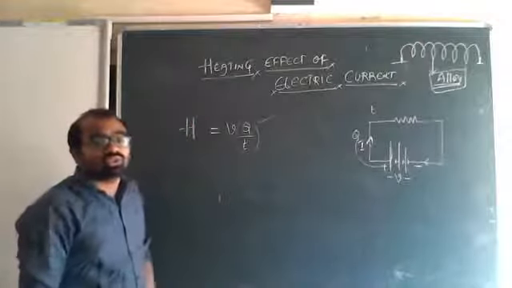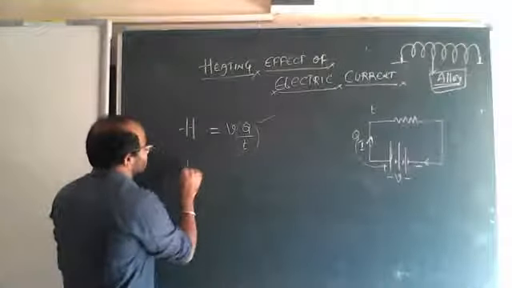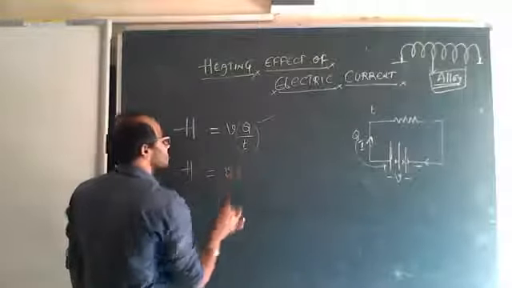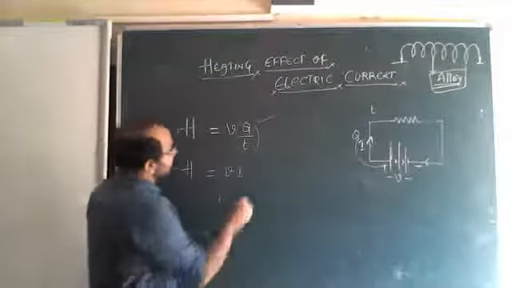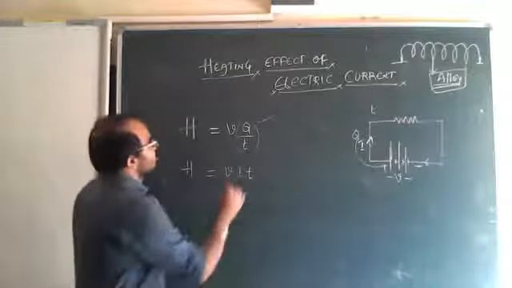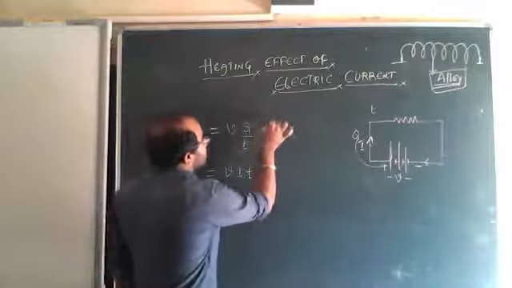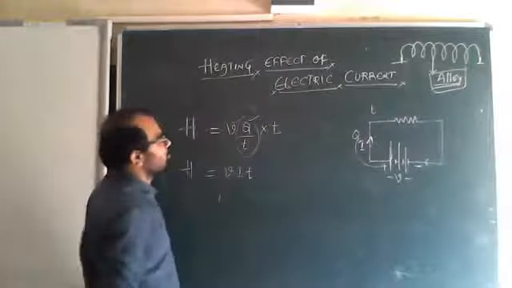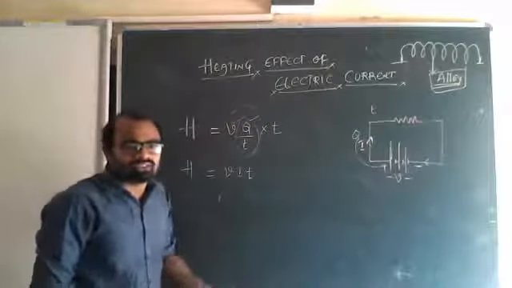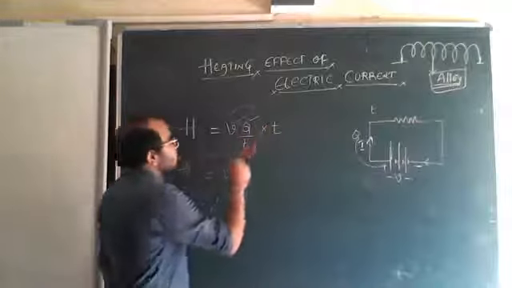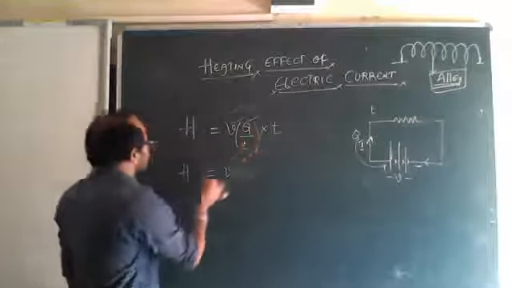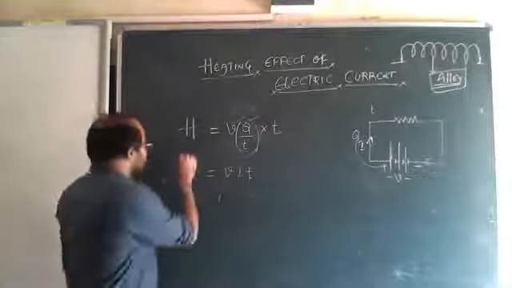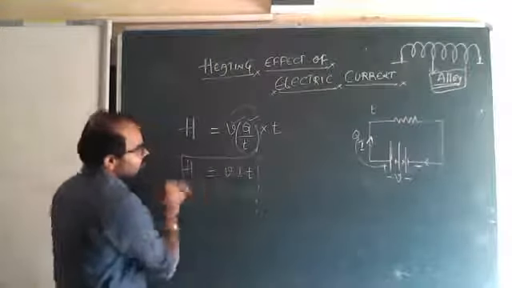I is equal to Q by T. So H is equal to VI. This is in 1 second. H is equal to VQ by T in 1 second. If I make it for 5 seconds, 6 seconds, then into T will come. So we can say H is equal to VIT.